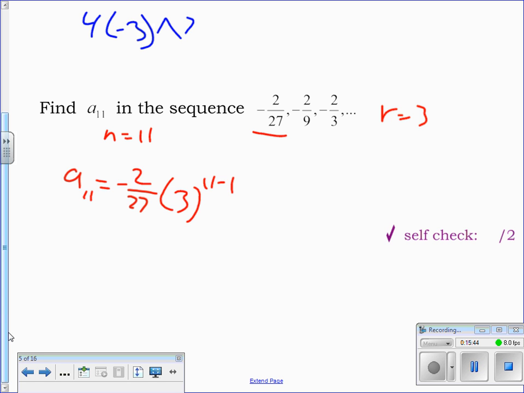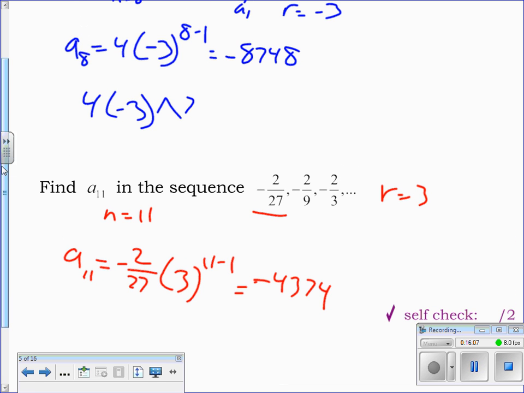Is it always minus 1? Always. And you end up getting negative 4374. Yes, the first one was negative 8748.